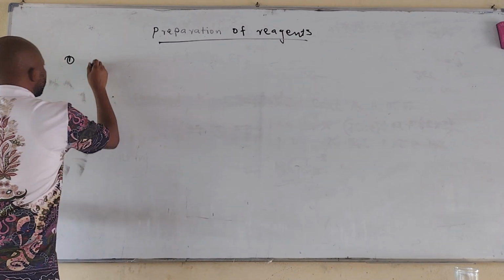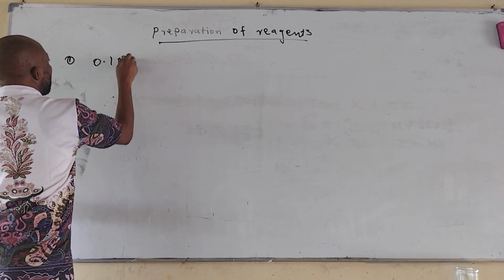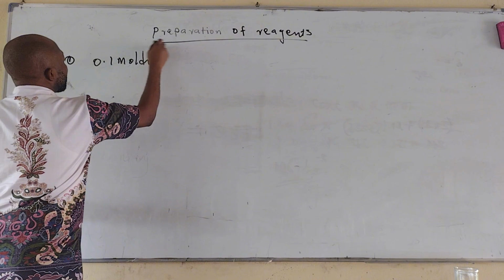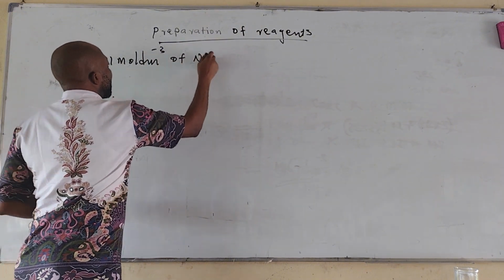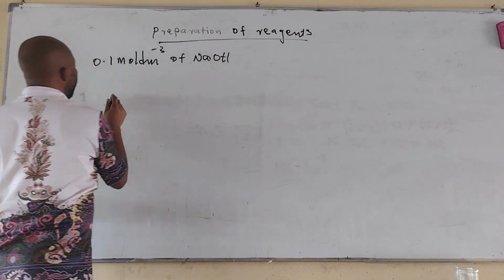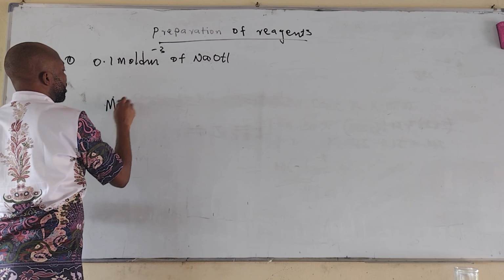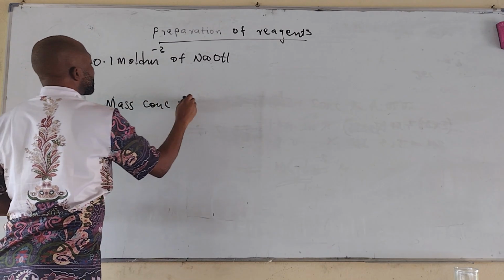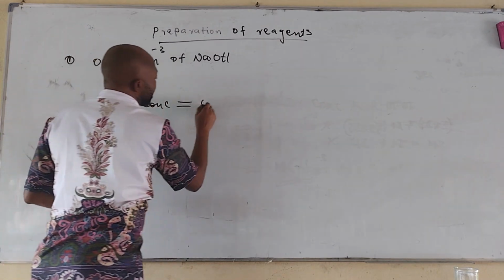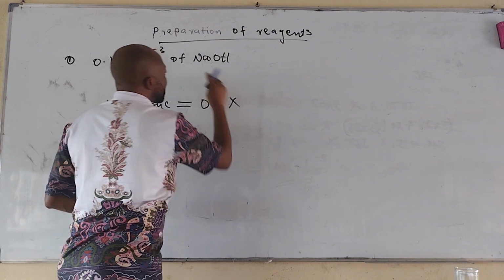So here we have 0.1 mole per dm³ of sodium hydroxide. So I have my mass concentration, which is equal to the molar concentration, 0.1, times the relative molecular mass.